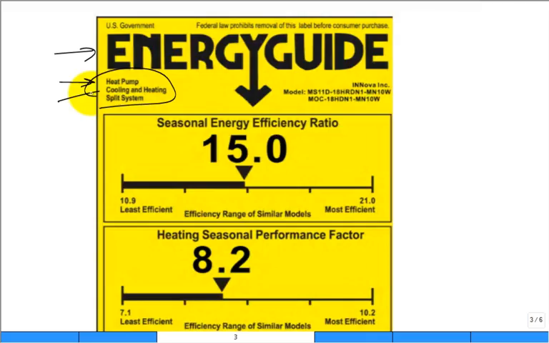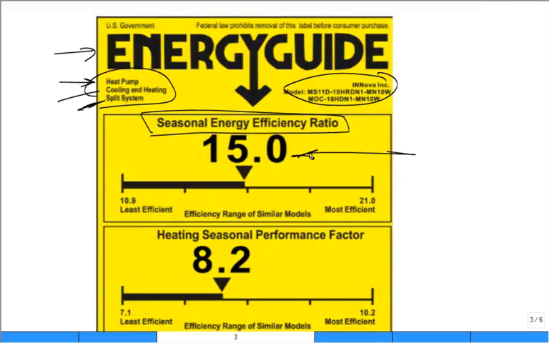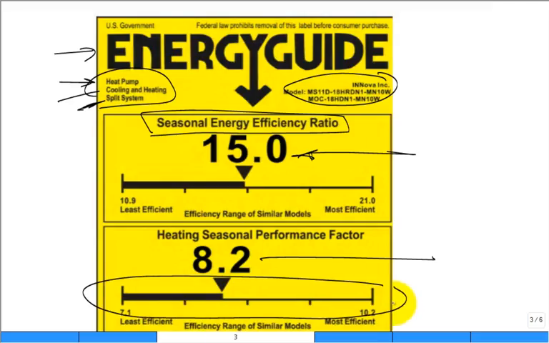It's a split system, meaning that it has an outdoor unit and indoor unit. There's a manufacturer. Look, they give us the SEER. That's a pretty good SEER, right? 15. And what do they give us right here? Seasonal heating performance factor. And they try and show you on a scale of comparable units, you could buy a more expensive, higher efficiency unit.